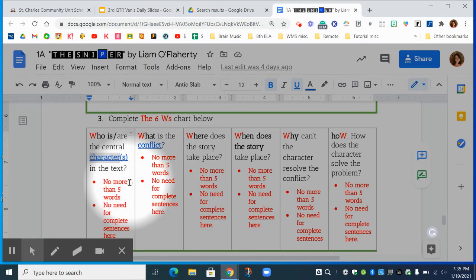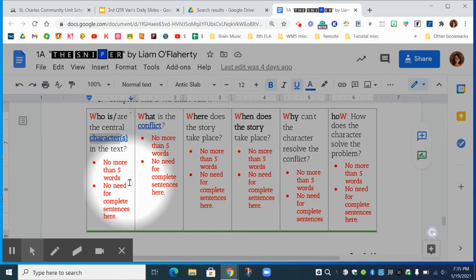And when we summarize stories, we want to make sure that we're not incorporating every single teeny tiny detail of the story. Like the sniper woke up in the morning, the sniper was hungry, the sniper felt emboldened to help his cause. That's not what we want when we summarize a story.